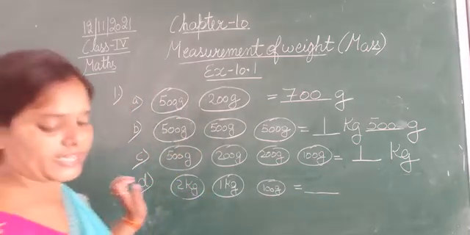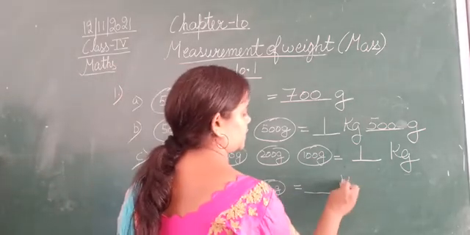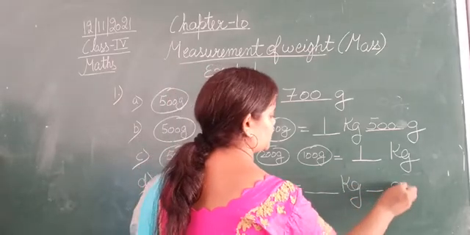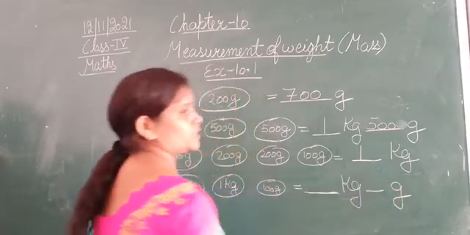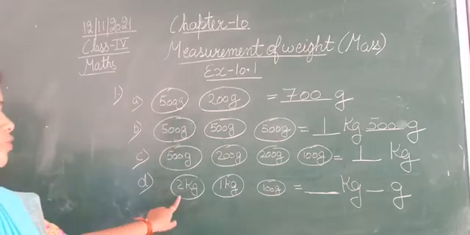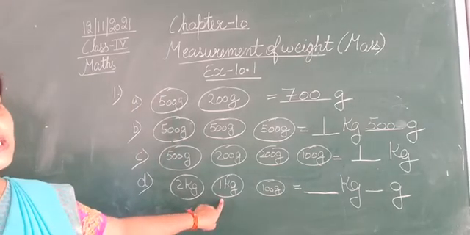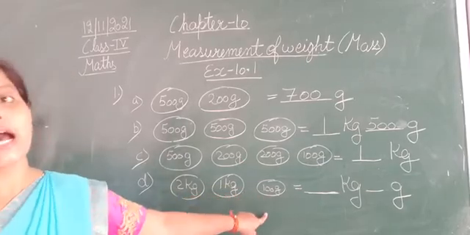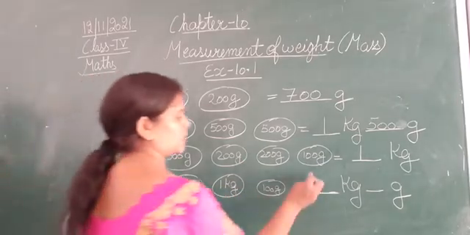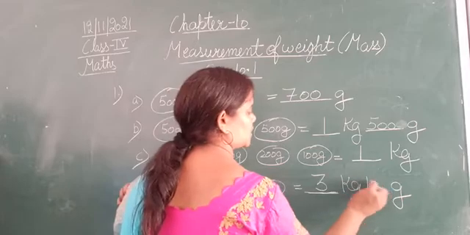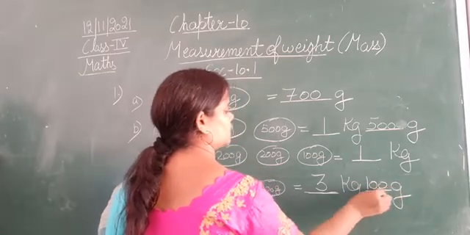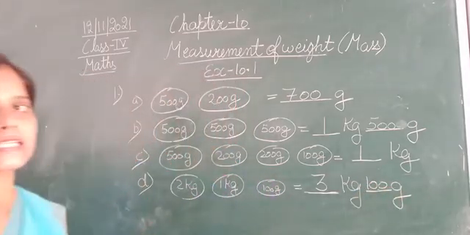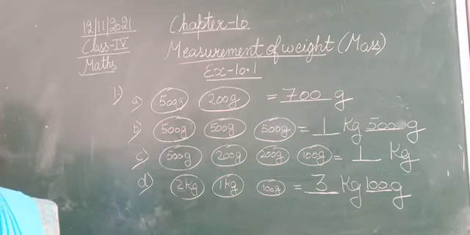That should be written in kg and grams. So 2 kg plus 1 kg, that is 3 kg and this is gram. So 3 kg, 100 grams. So this is 3 kg and 100 grams.